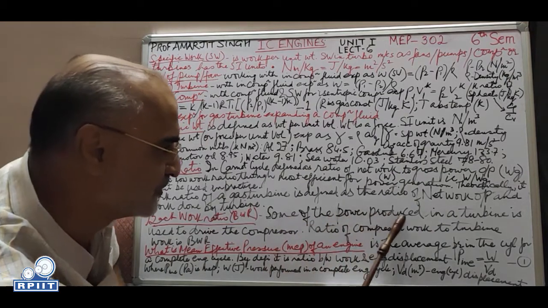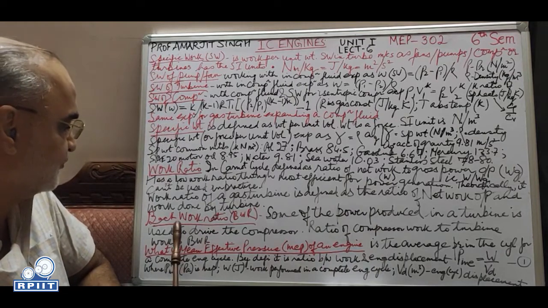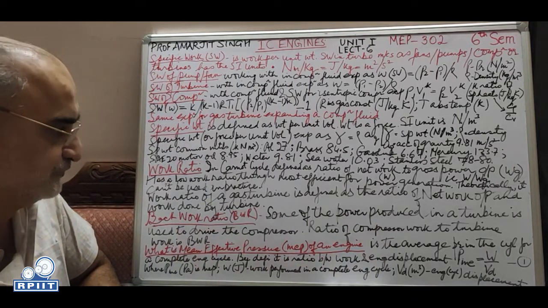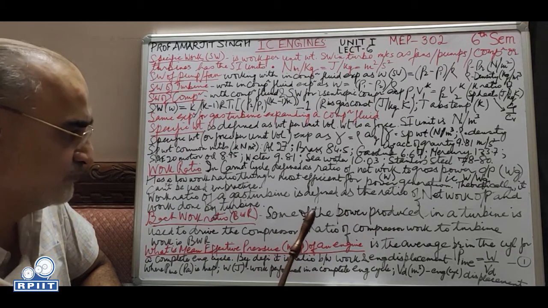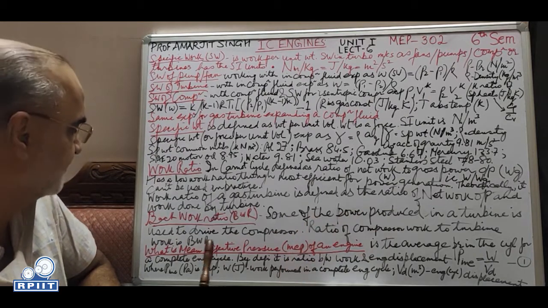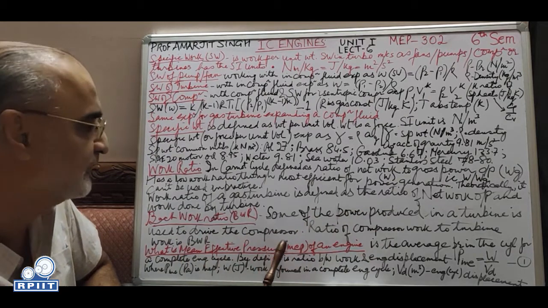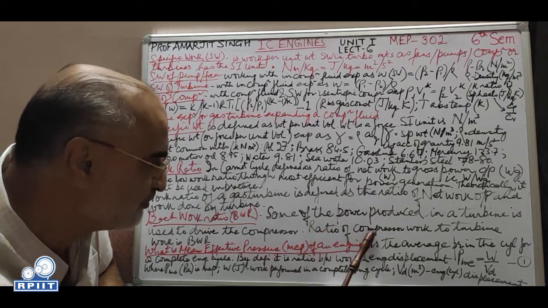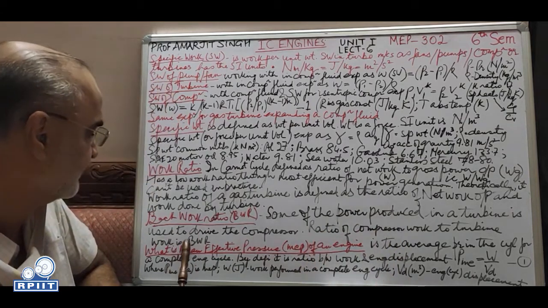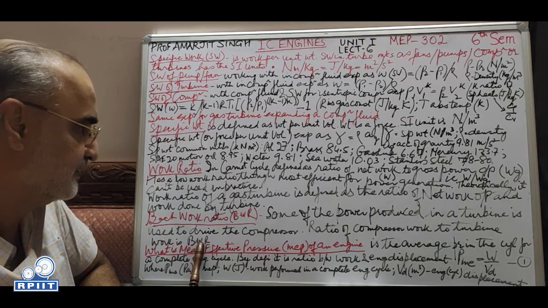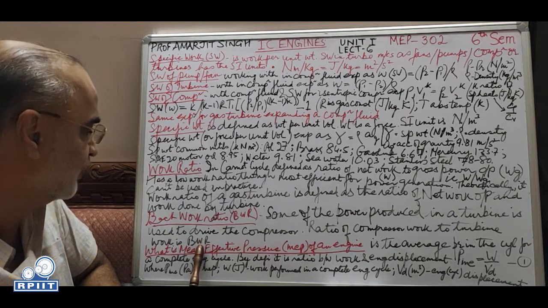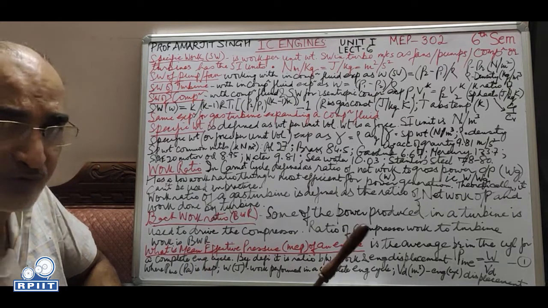Some of the power produced in a turbine is used to drive the compressor. The ratio of compressor work to turbine work is the back work ratio. Just to give you an idea.